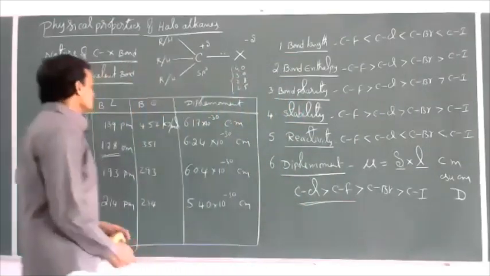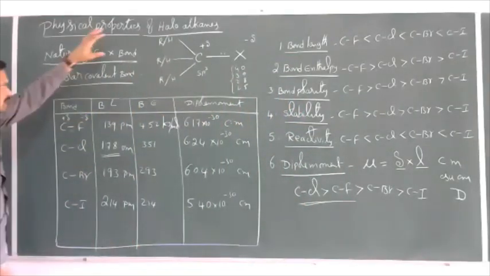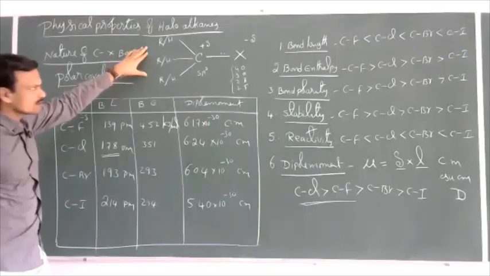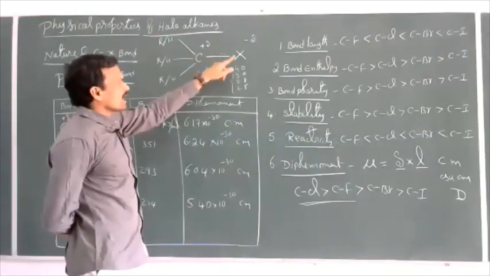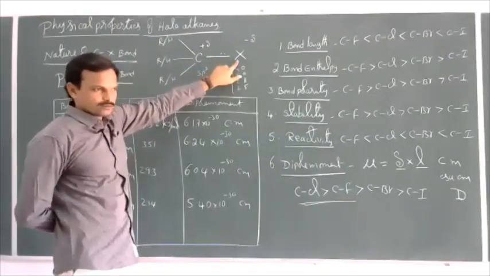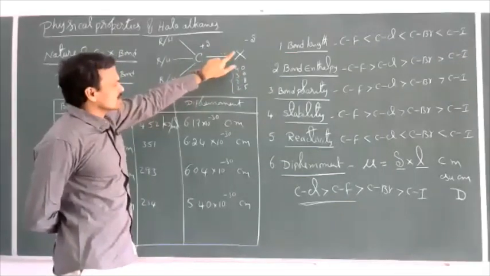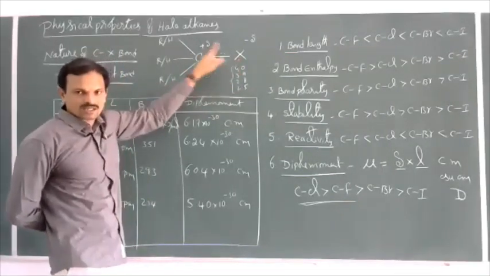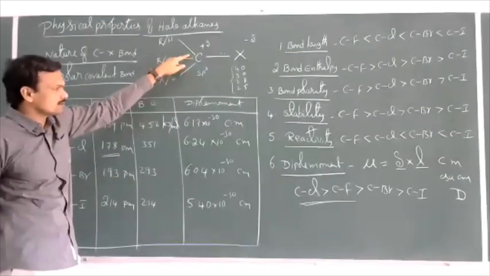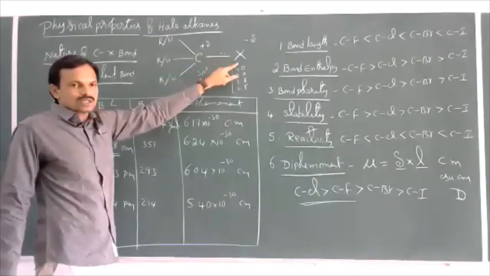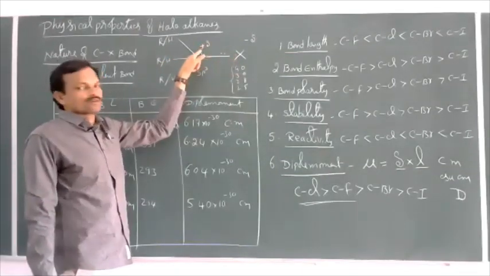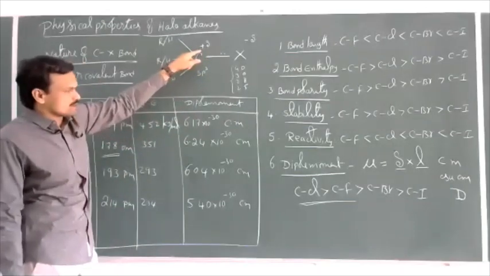Once again, in haloalkanes, the bond between carbon and halogen is polar in nature because the electronegativity of halogen is more than the electronegativity of carbon. So the halogen acquires a partial negative charge and carbon acquires a partial positive charge.